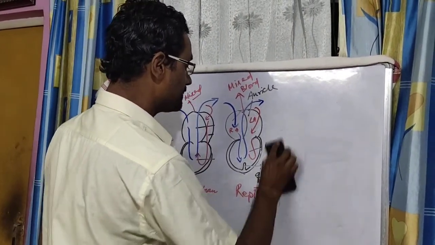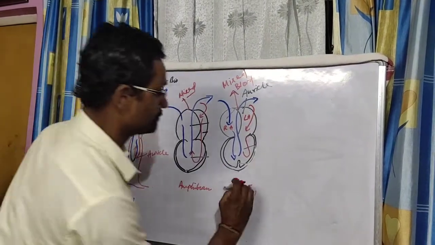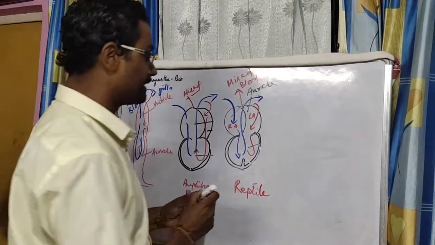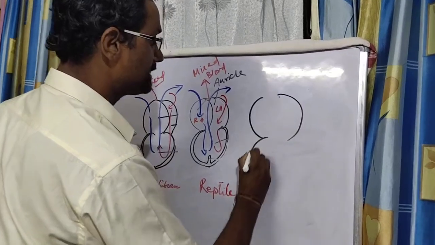So I'm rubbing this part. See, this is the mammalian heart. We have discussed this one earlier.